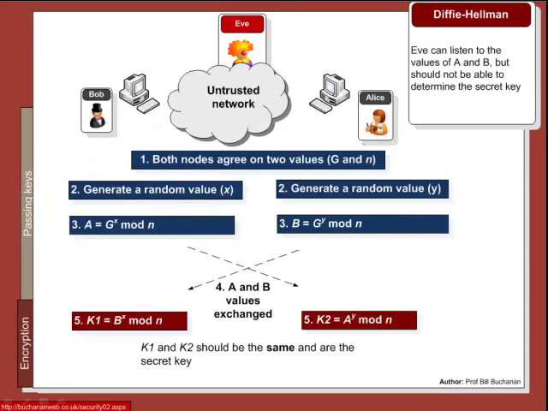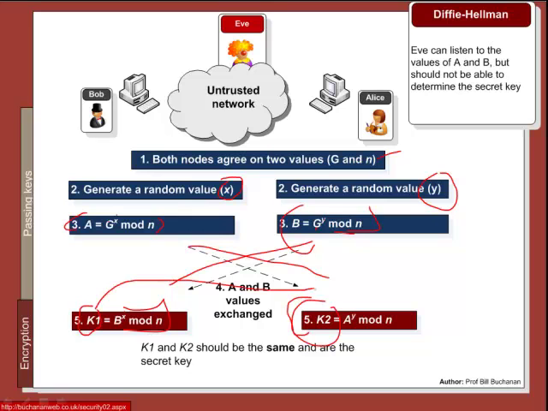So how it works is that we agree on two values G and N, then Bob generates a random value X, Alice generates a random value Y. Bob calculates A as G to the power of X and then takes the modulo N. On the other end, Alice raises G to the power of her random value Y and takes mod N. Bob sends Alice A, Alice sends Bob B. They do another calculation by taking B to the power of the random number, mod N, and the same on the other side, and at the end of it they should agree on the same key.